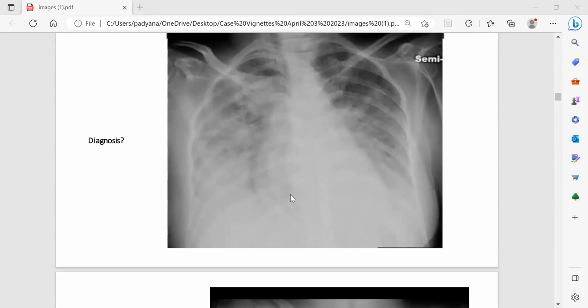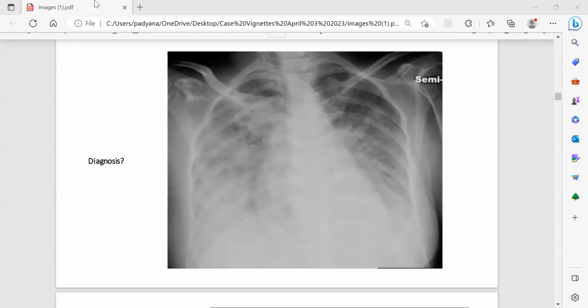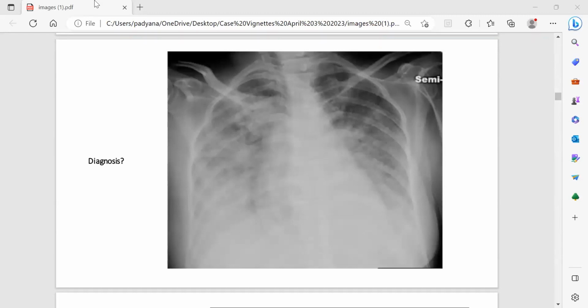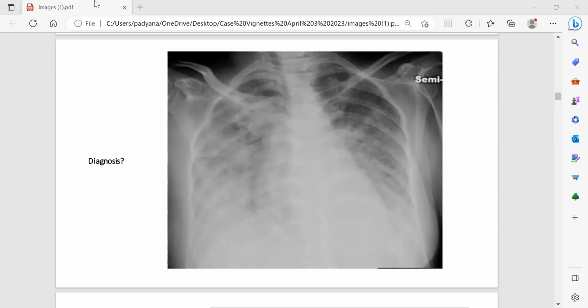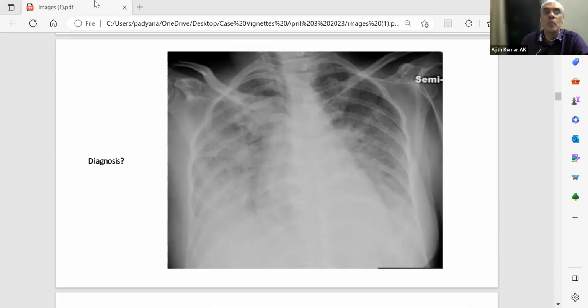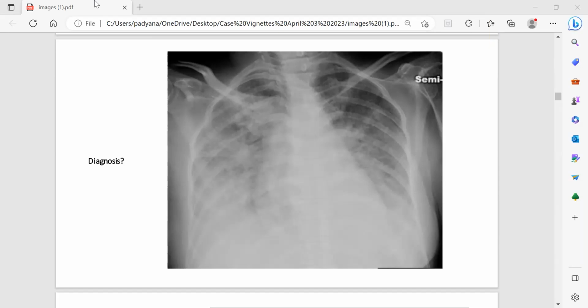So somebody describe this X-ray for me, please. This is quite common in the ICU for us. There is bilateral non-homogeneous opacity. Excellent, super. Consistent with ARDS, acute respiratory distress syndrome.